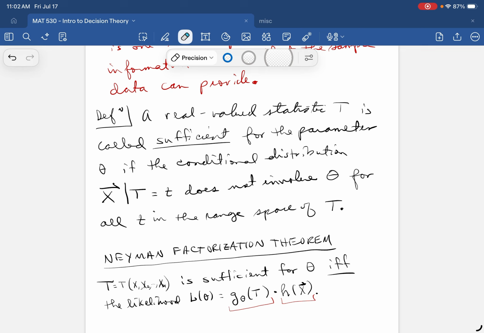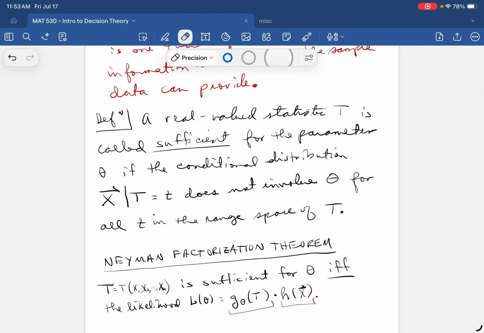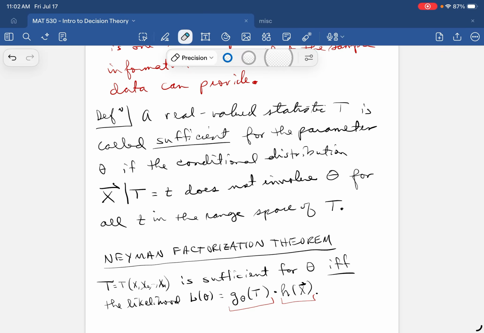So once this statistic capital T is set, then theta must be out of the picture because its value has already been determined. So again, the idea here is that this statistic contains all of the information available in the sample about our parameter theta.